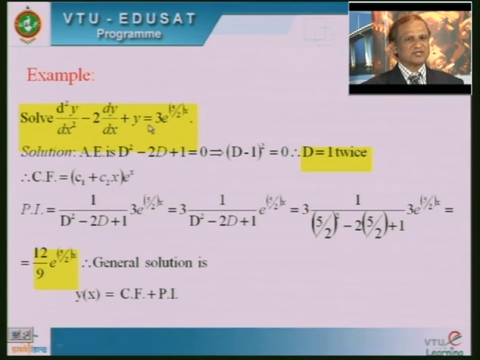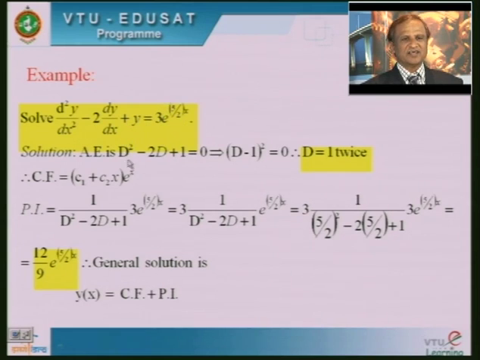As I have mentioned, the solution may contain two parts, the complementary function as well as a particular integral. We are already familiar with the complementary function. First, you write it in symbolic form, so we can replace d by dx by capital D. It can be written as D square minus 2D plus 1 into y is equal to, you can write the right hand side as it is.